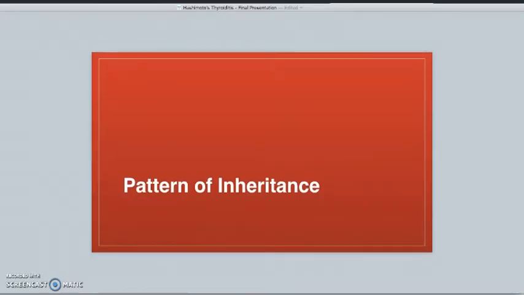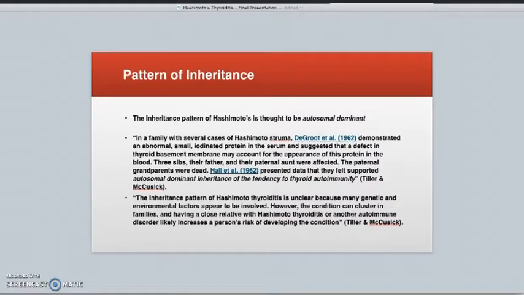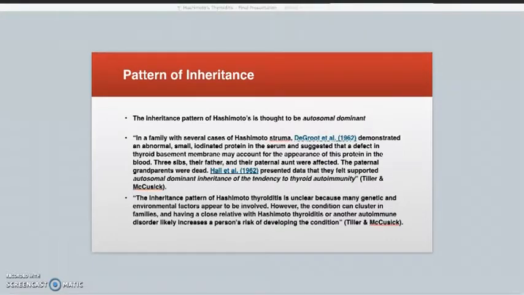The pattern of inheritance of Hashimoto's is thought to be autosomal dominant. All of the research that I have found has supported this. There is no definitive answer yet as of present day as to the pattern of inheritance because it's unclear. There seem to be multiple factors involved. It's not just one hereditary mutation that follows down through generations. It does definitely run in families. In the one study that I found, they studied 3 siblings, a father and an aunt on their father's side, and they were all affected by the disease.